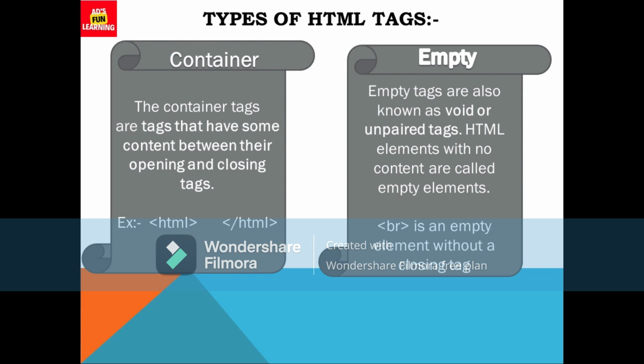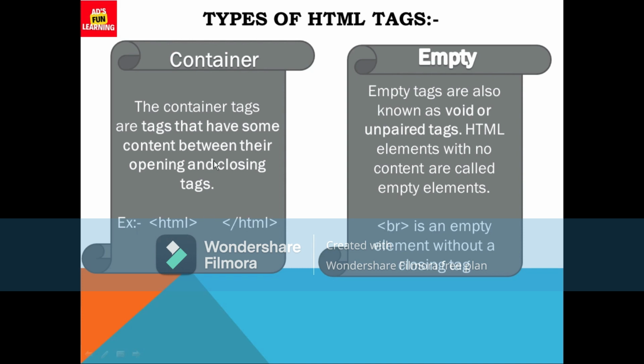The container tag has both a starting tag and an ending tag. You can see that a starting tag is enclosed under the opening angle bracket and closing angle bracket, and the closing tag will also have the same thing, but one slash we have to include. So this is the ending tag.